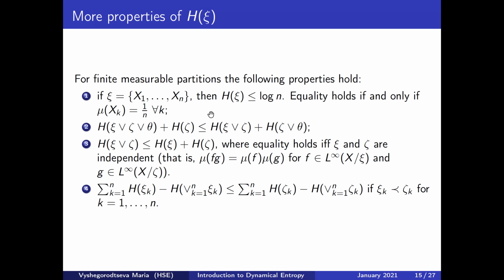The next property is that we can rewrite... if we have the entropy of the union of three partitions Xi, zeta, and theta plus the entropy of zeta, it is less or equal than the entropy of the union of Xi and zeta plus the entropy of the union of zeta and theta.